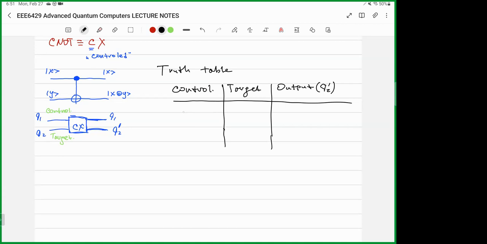And the logic here is as follows. If my control qubit is 0, the target qubit doesn't change. Say, if my target qubit was 1, the output will be 1. If the target qubit was 0, the output is 0. If the target is 1, the output is 1.